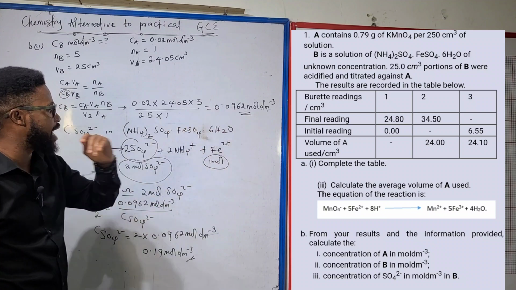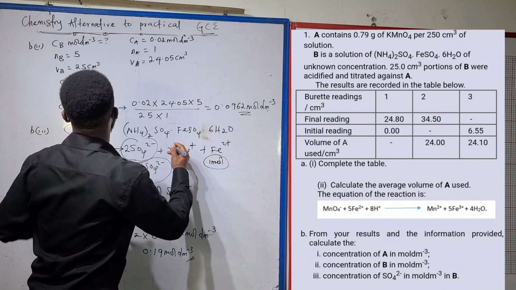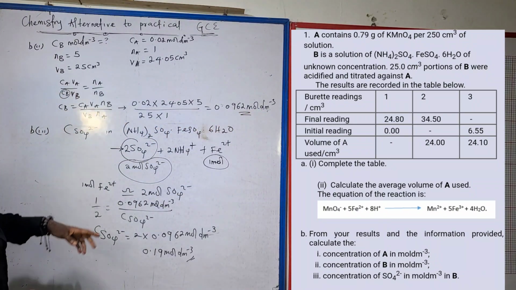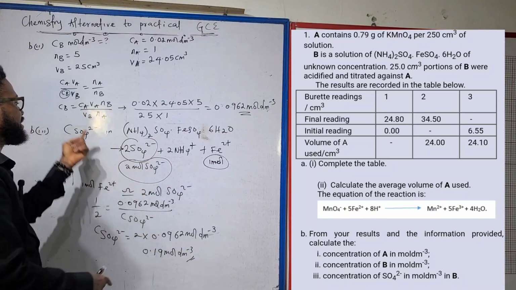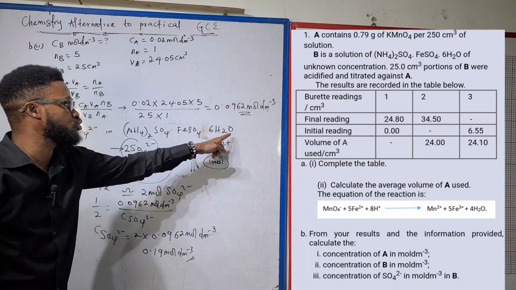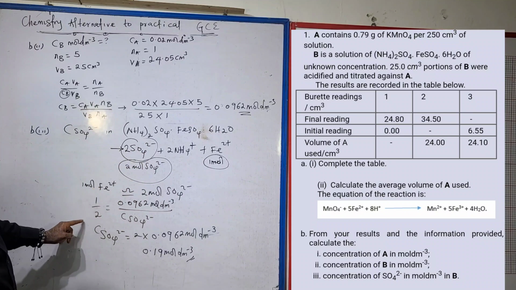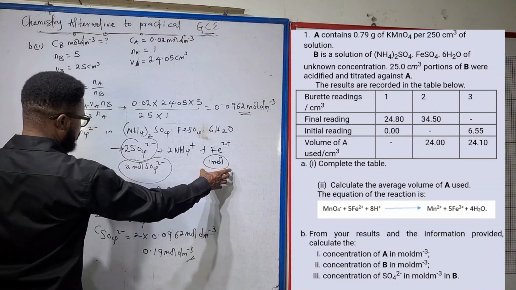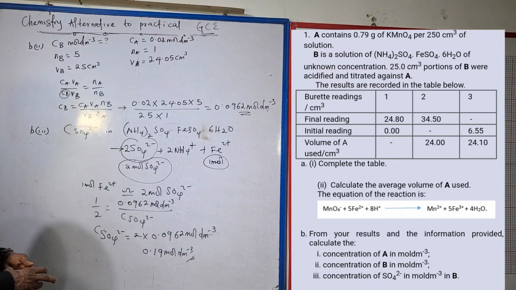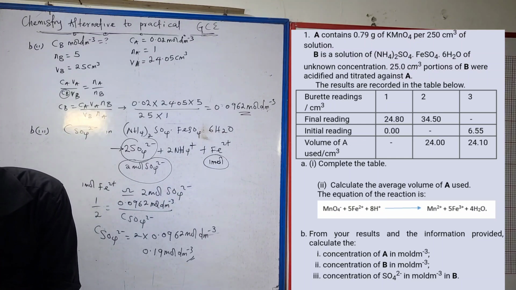This is just the hydrate. Of course, we've been able to calculate Cb before, and that talks about the concentration of the iron. 2 moles of sulfate is equivalent to 1 mole of iron. So 1 over 2, then the concentration of this divided by the concentration of this as well. That way I was able to get the concentration of sulfate in B as stated in B3.